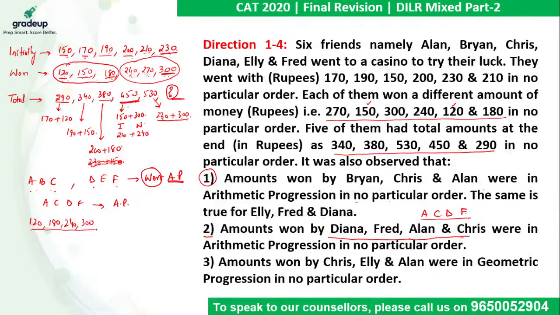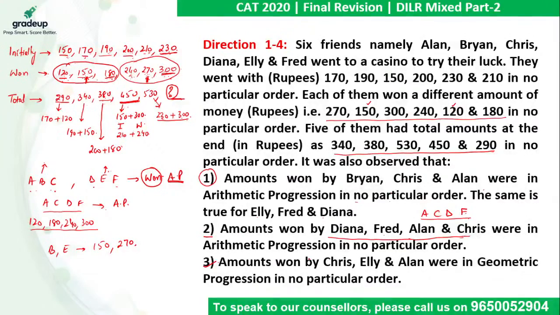So these four values belong to A, C, D and F. The leftover values must belong to B and E. In one set it is 150 and in the other set it is 270. So B and E belong to two values, which are 150 and 270.